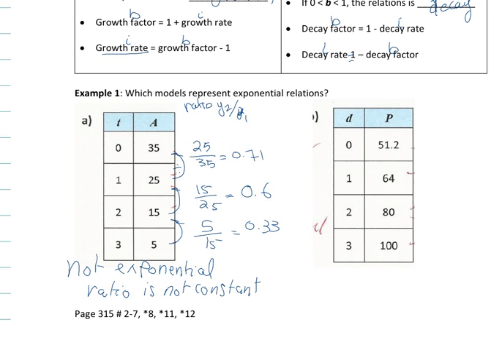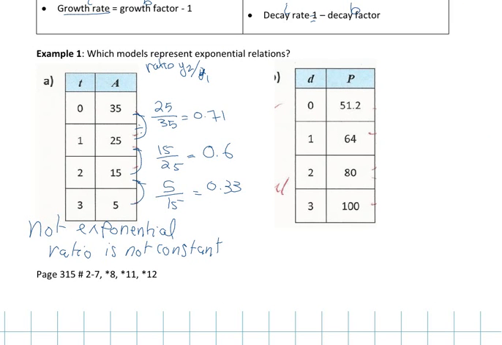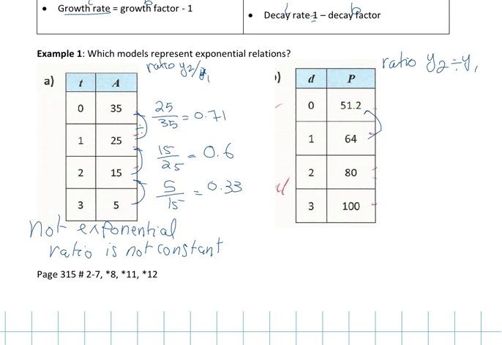Now when we're looking at the second one, again, because the question is asking you to prove if it's exponential or not, that means I have to look at the ratio. And the ratio says, so again, y2 divided by y1. So I take 64 divided by 51.2. And that'd be 1.25. I divide 80 by 64.